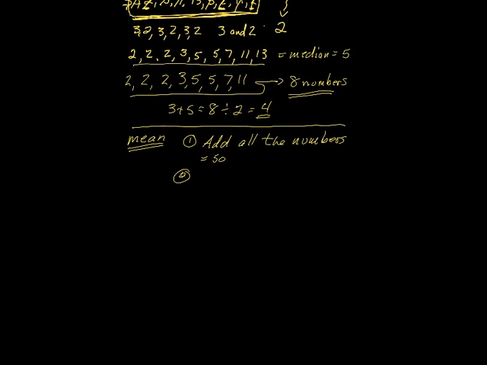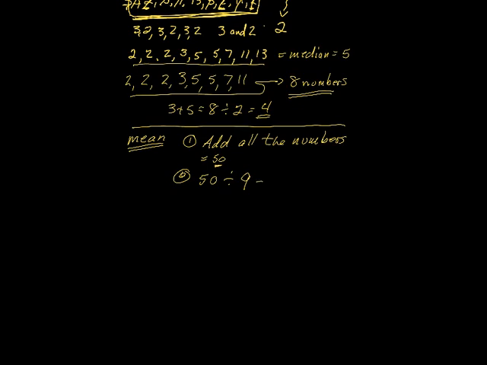So step 2 is we now take this 50, and we divide it by the number of numbers we have. Okay, so as I said, we had 9 numbers. Maybe they were spelling test results or whatever. So we take the 50 and divide it by the number of numbers that we have.